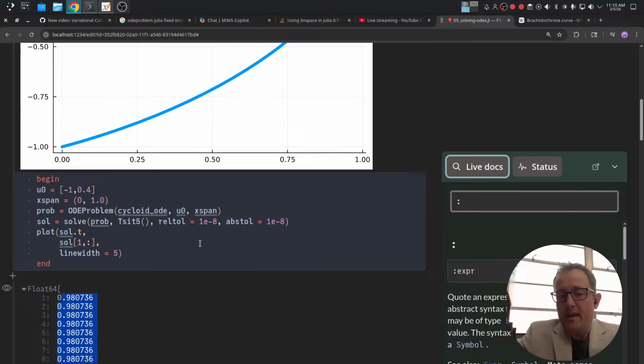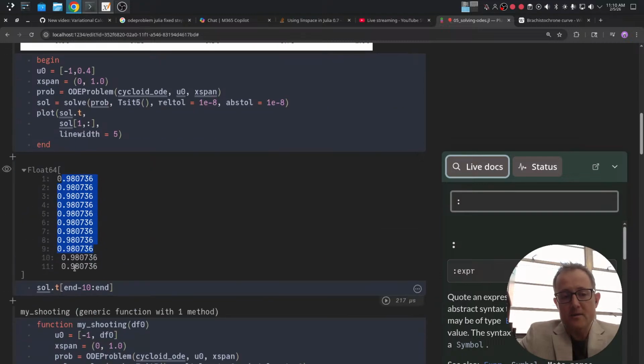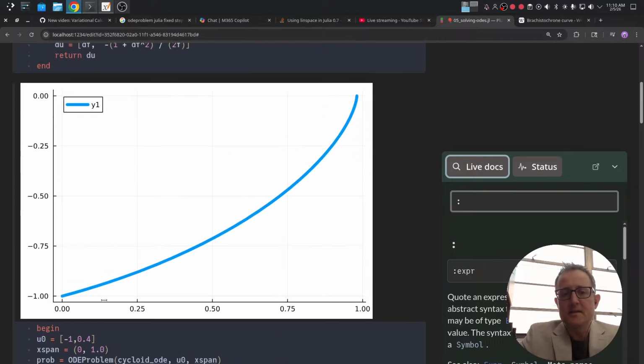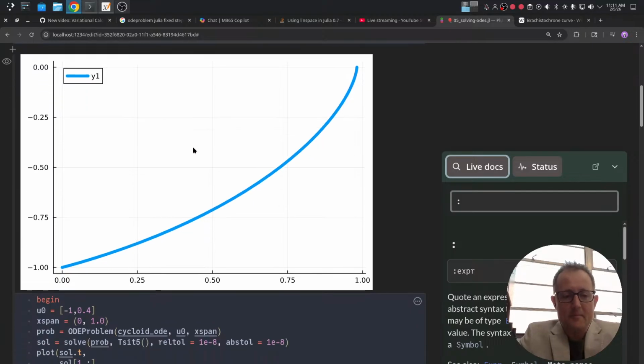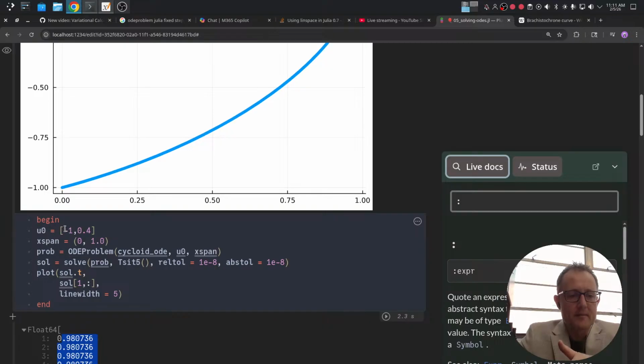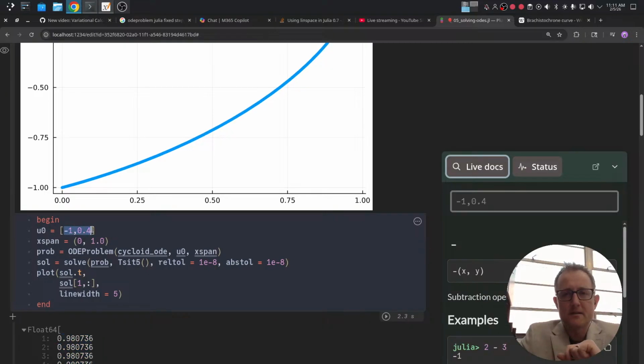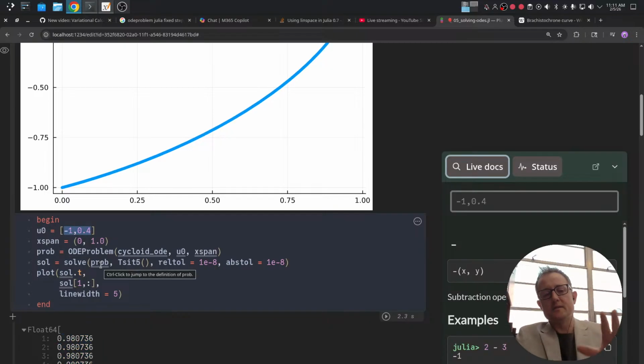I told it to get to 1, but it's like 0.98, and it keeps giving me lots of answers there because the slope keeps growing. Really, it's not that big of a deal, but I had to play around with this because I couldn't just solve it. I was running into numerical errors.